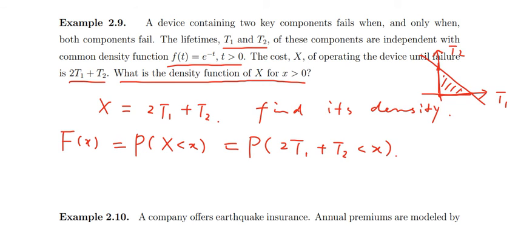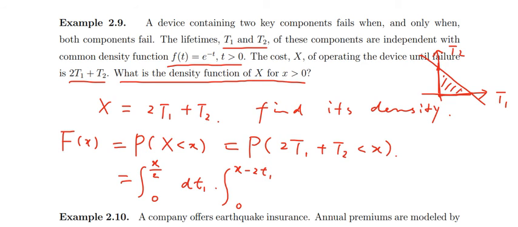Okay, so let's check t1 first. dt1. So for the largest t1 we let t2 equal 0, so x over 2, right? So t1 goes from 0 to x over 2. Then for fixed t1, t2 goes from 0 to x minus 2t1.